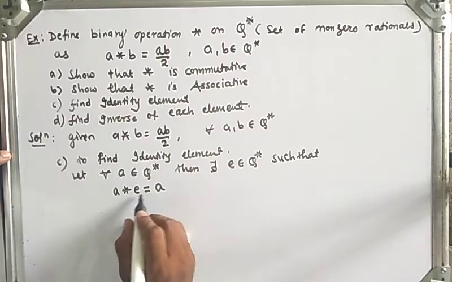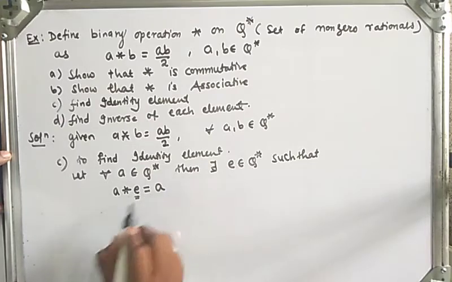This is the definition of identity: a star E is equal to a, then E is the identity.